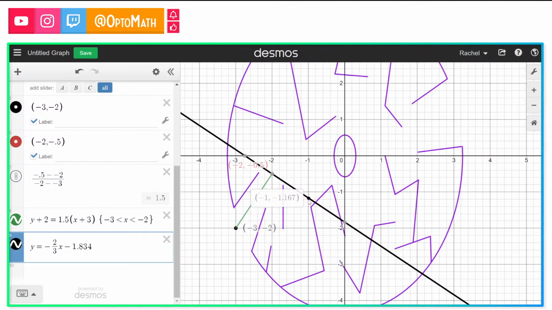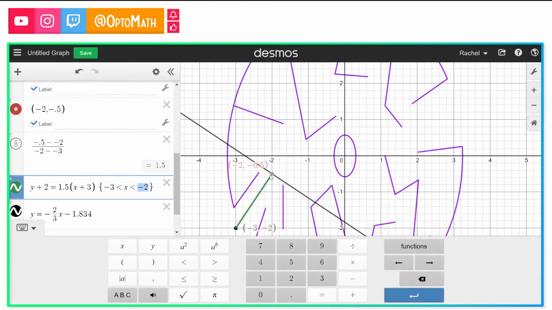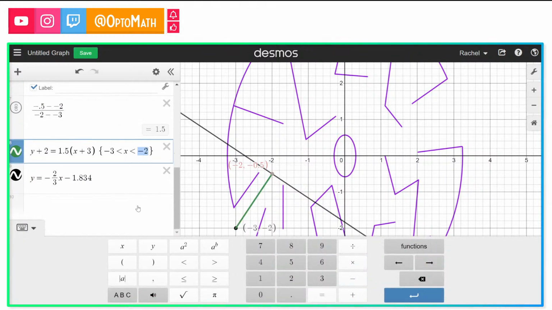But if you want to find maybe the 1.5, the 5.5, you can do that too. So we want our biggest x value to be negative 1, and our smallest, if we're intersecting that point, should pick up where the other one left off. What I mean is the ending point of the other one was negative 2, so this one should start at negative 2. So let's try that.